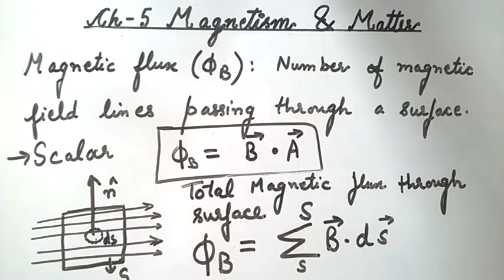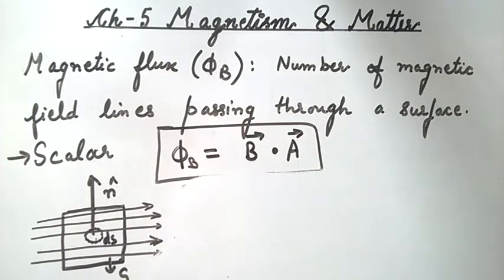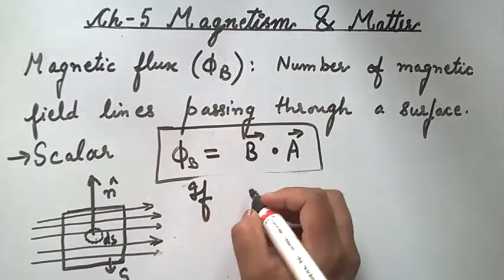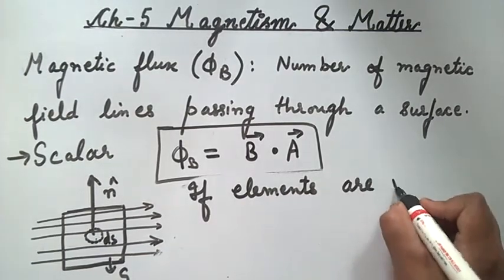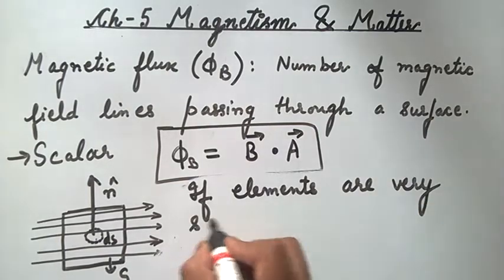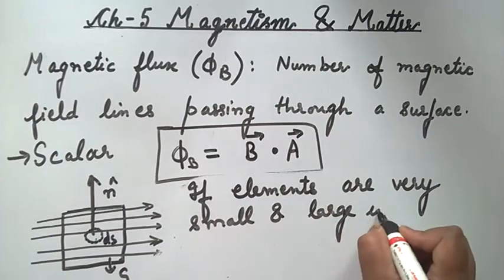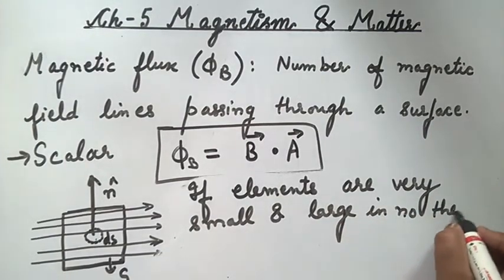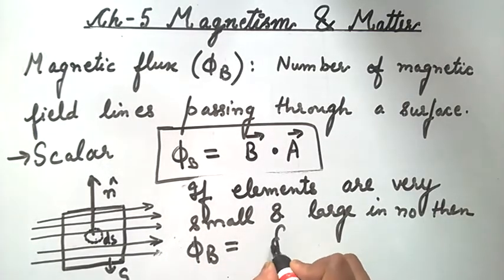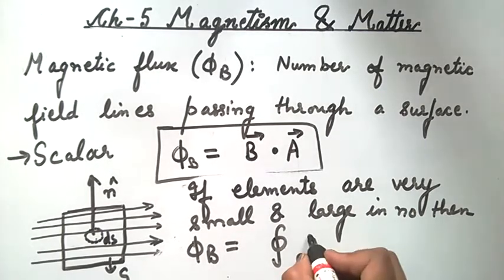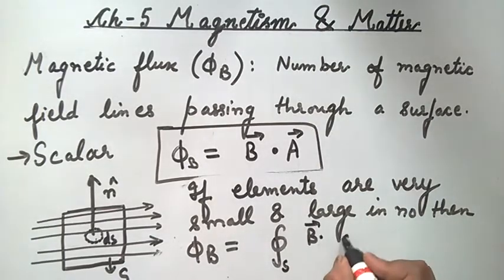That is, if elements are very small and large in number, then magnetic flux is noted by the closed integral over a surface, and it is equal to B vector dot dS vector.